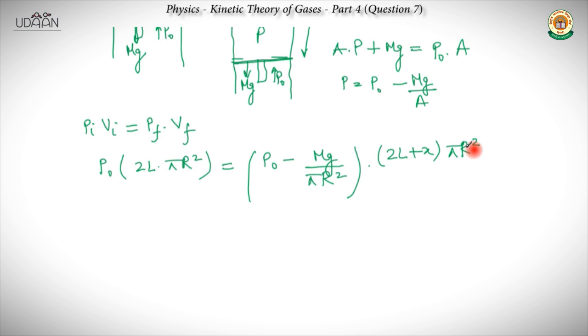On solving this, we get 2L plus x equal to P naught into 2L into pi r square by P naught pi r square minus mg. Send 2L there and we've got our x. Right. So we'll move on to the third part of the question now.